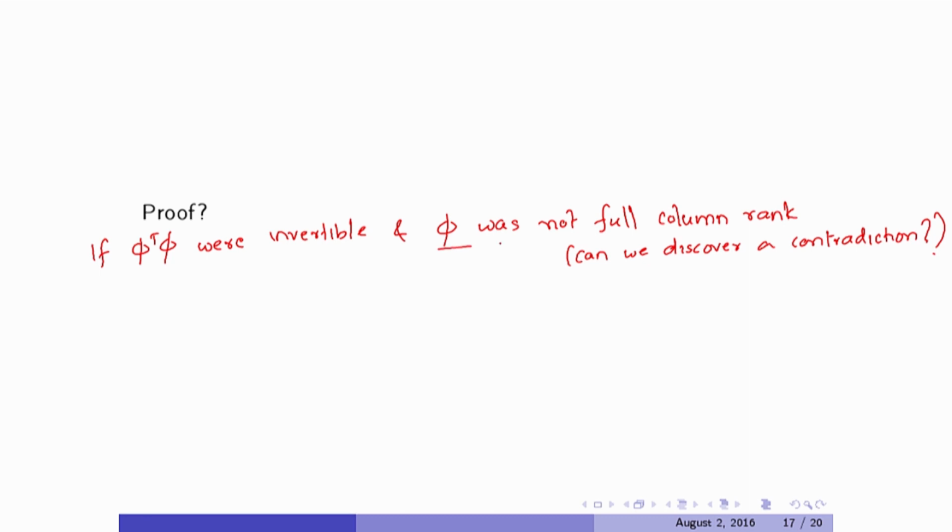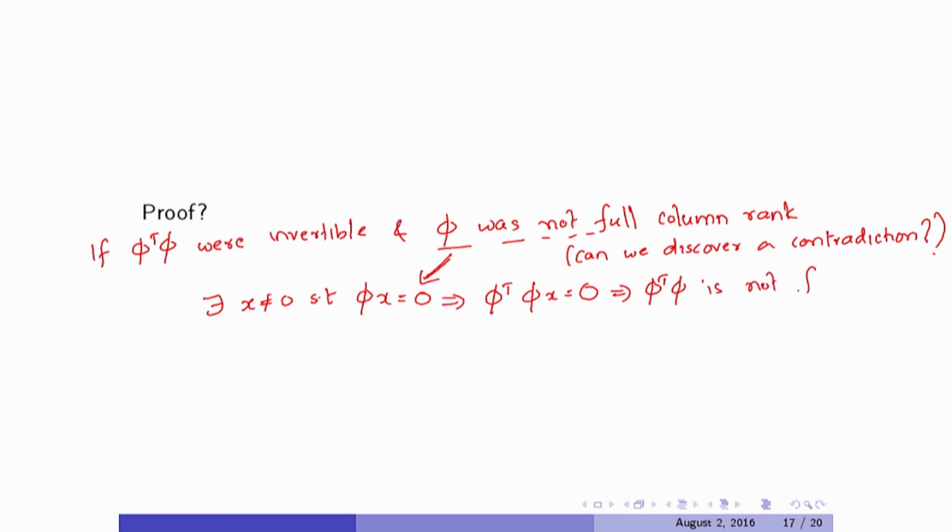If phi was not full column rank, we know that there exists x not equal to 0 such that phi x equals 0. And this would mean that pre-multiplication with phi transpose will keep the 0 intact, which means that a non-zero x leads to phi transpose phi x being 0, that is, phi transpose phi is not full column rank. A contradiction.